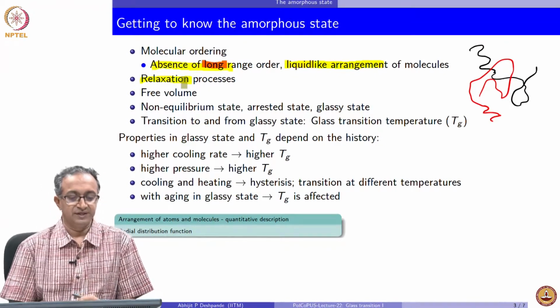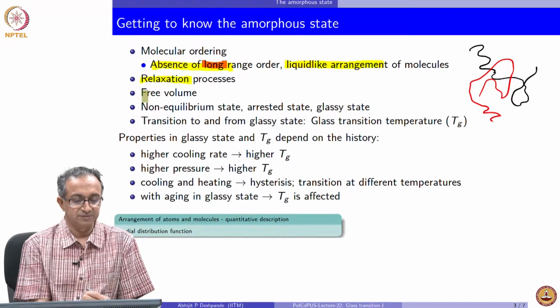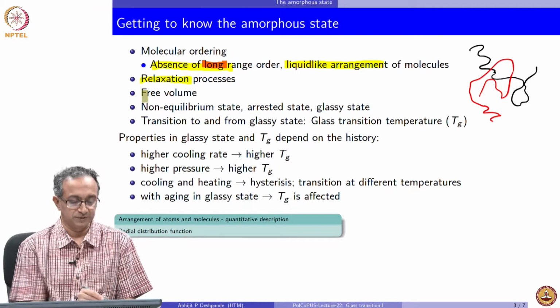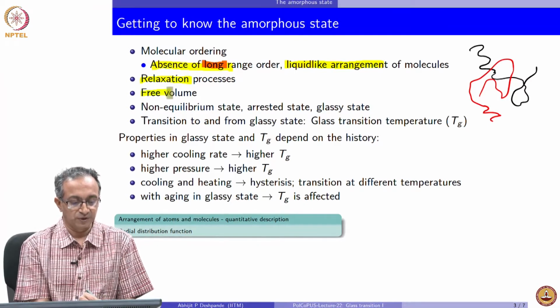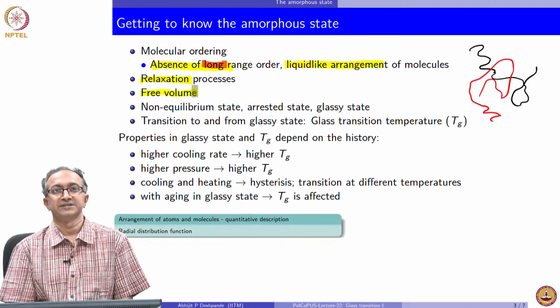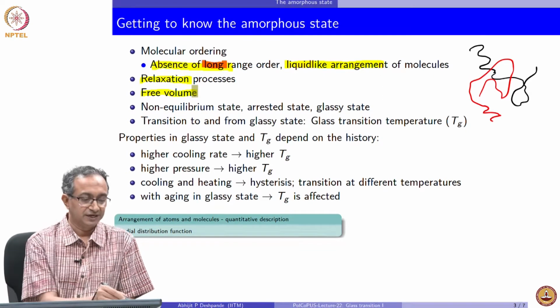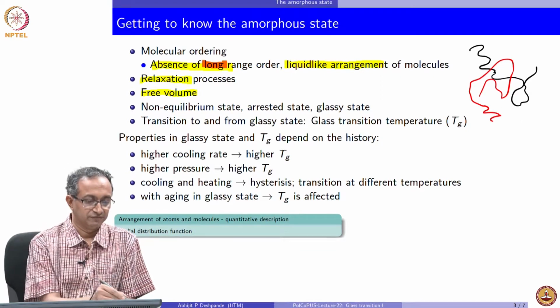And the other way of characterizing this, given that the relaxation processes are possible to some extent, and also because of these rearrangements of macromolecules, is that there is some amount of free volume present. And so a small molecule, when it is present in this macromolecular system, can also diffuse around.